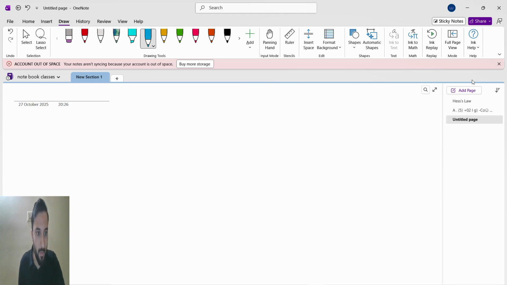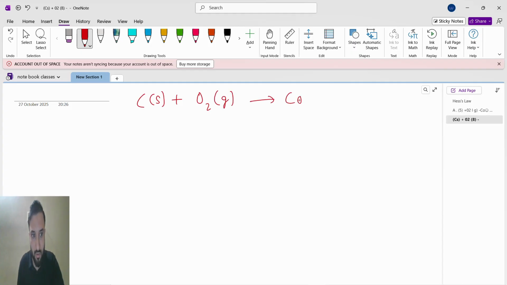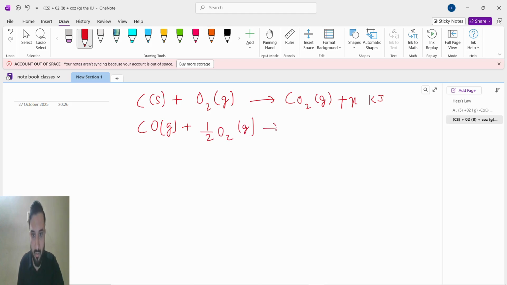Fine. So see, this is the following reaction. Carbon in solid form plus oxygen in gaseous form gives carbon dioxide in gas form plus X kilojoule. Then the next reaction: carbon monoxide in gaseous form reacts with half O2 in gaseous form and gives CO2 in gaseous form plus Y kilojoule.